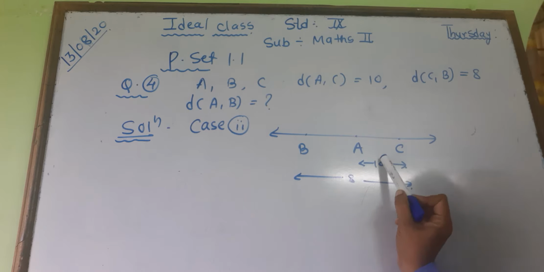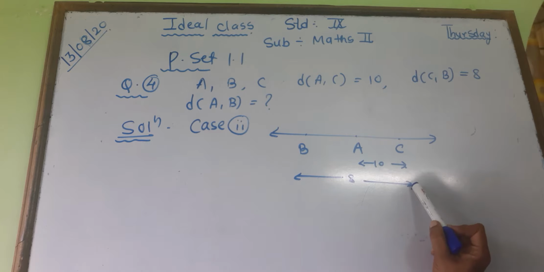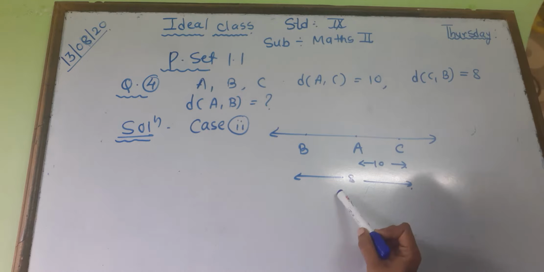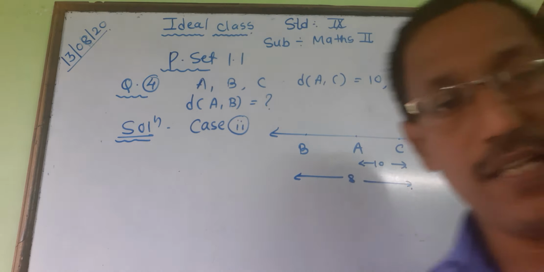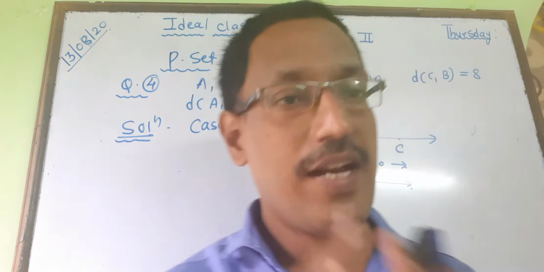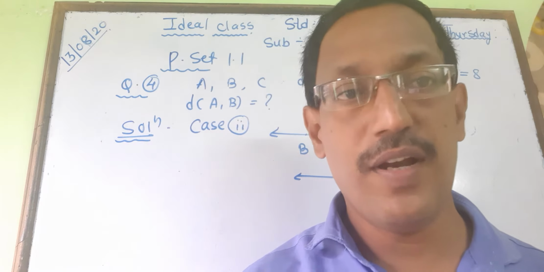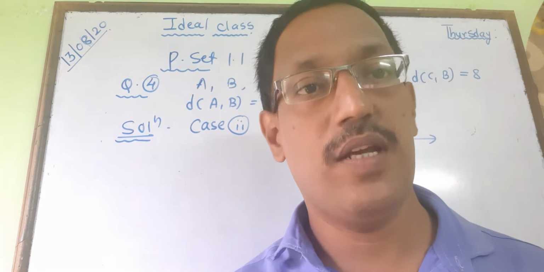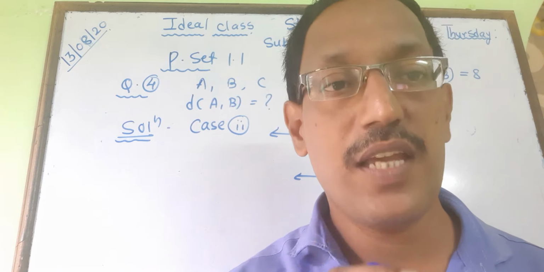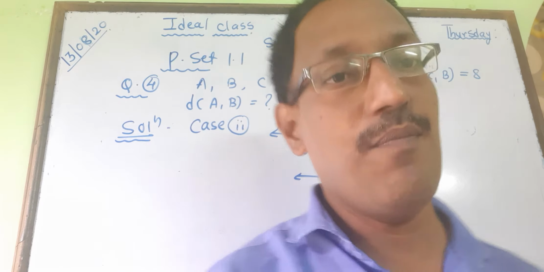So the bigger distance is lying within the smaller distance of 8. So it is impossible, because 10 should be smaller than 8. So here this is an impossible case. Then what should we do? Whatever answer we get, it will definitely be negative, and we will mention that this case is not possible.